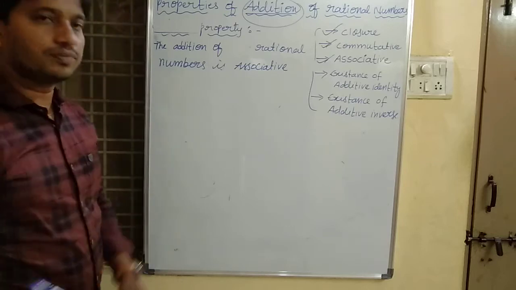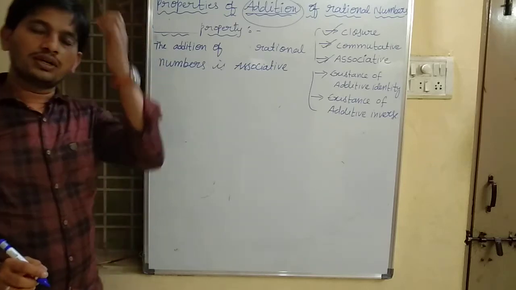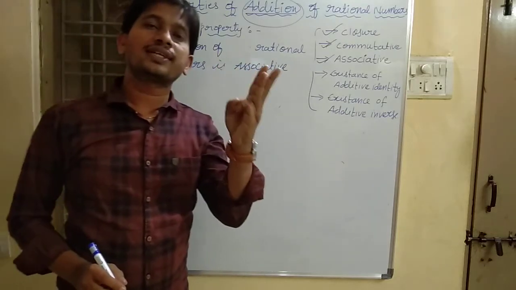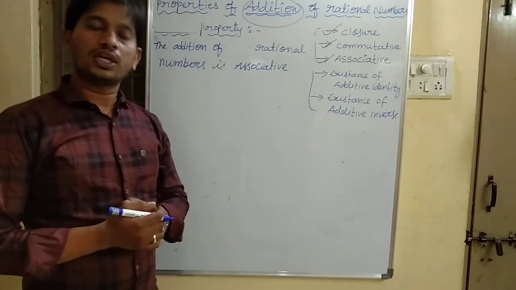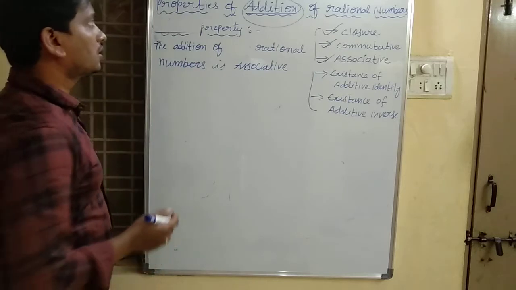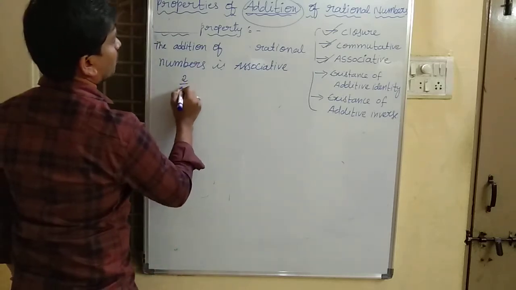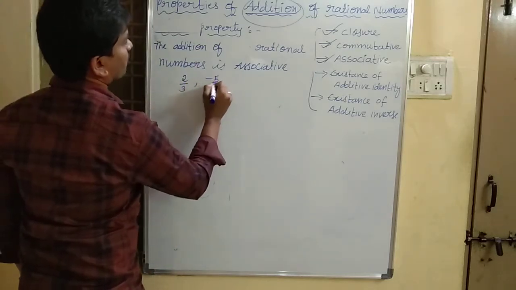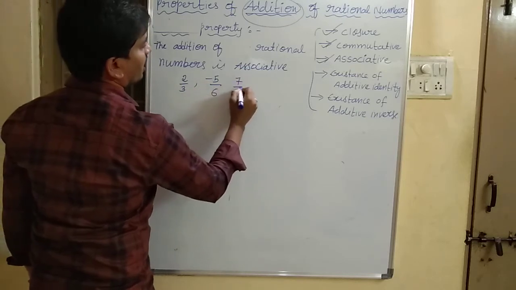What is associative? In the associative property, we have to take three rational numbers. Let us consider three rational numbers: 2 by 3, minus 5 by 6, and 7 by 12.